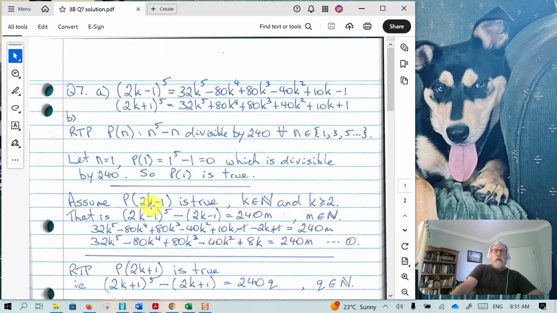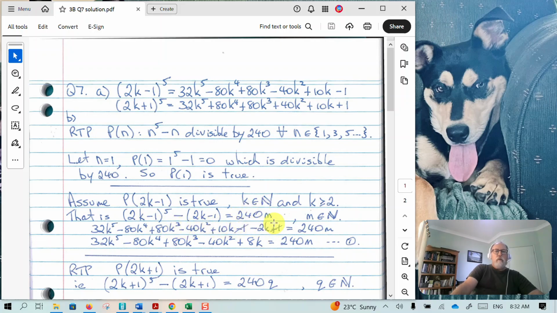In the case where k equals 3, then 2 times 3 is 6, take 1, it evaluates to 5. So that's an appropriate way to express just odd numbers by using a value of k, which is a natural number.